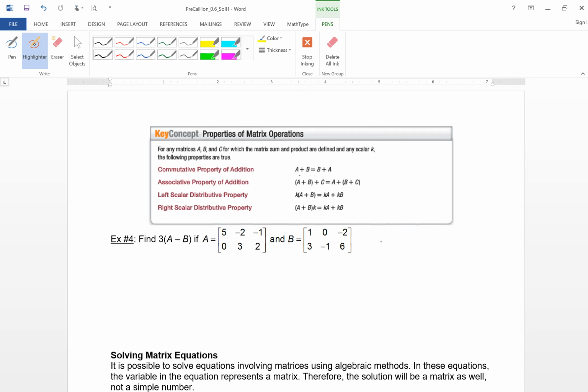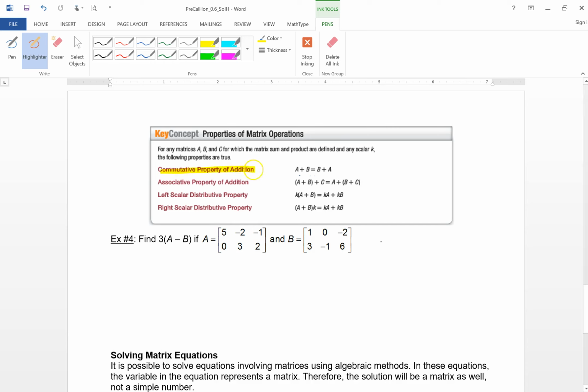Okay. So properties of matrix operations. When you're dealing with simple ordinary numbers and you add, addition is commutative. So 3 plus 5 and 5 plus 3 are the same. It's the same in matrices. When you're only adding, addition is commutative.